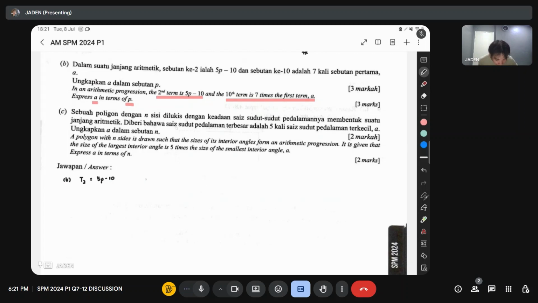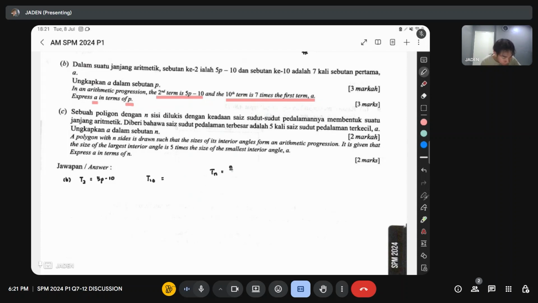That means T10, which is a plus 9d. Okay, maybe some of you already asked, sir, how do you know it's a plus 9d? Now for the Tn formula, this is arithmetic, right?